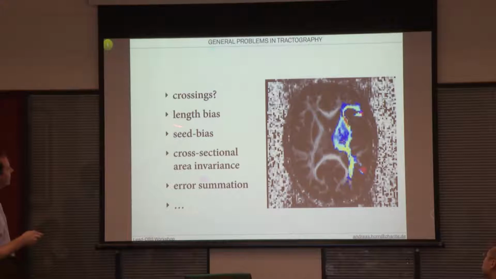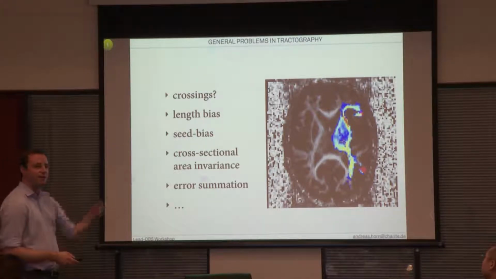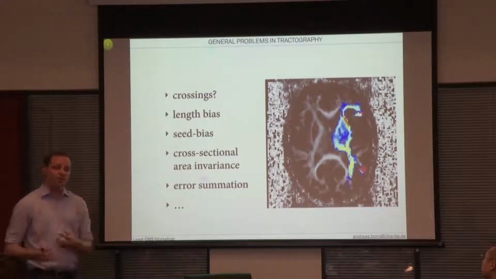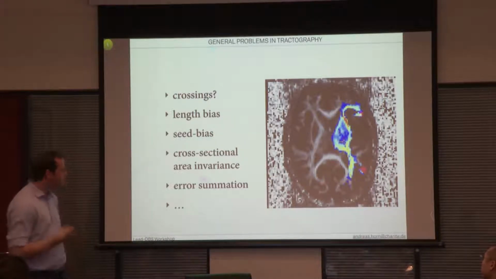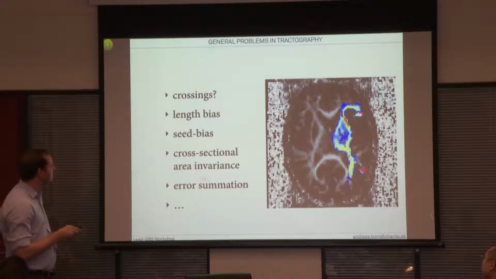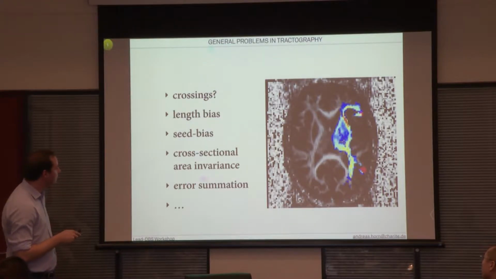Then what people call the length bias is that if you start here and track through the brain, then it's just more likely to get closer regions, because at some point the algorithm stops. And just because the probability of stopping adds up because of noise and everything over the length, you get shorter connections more easily. In my view, this is also a big problem that we can maybe even solve partly with global tractography.